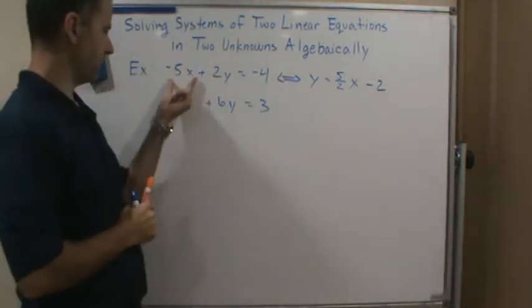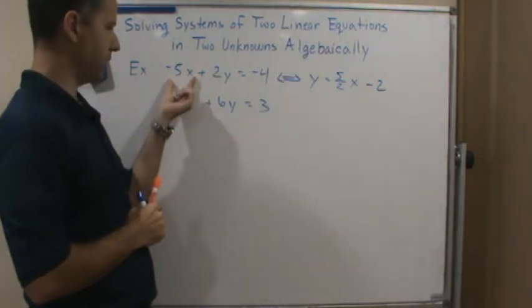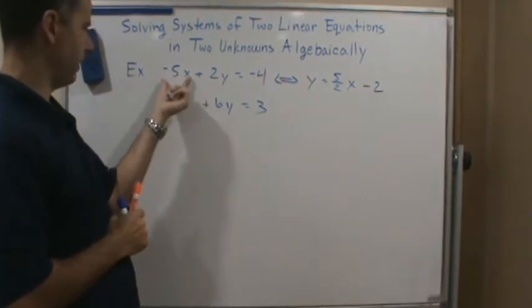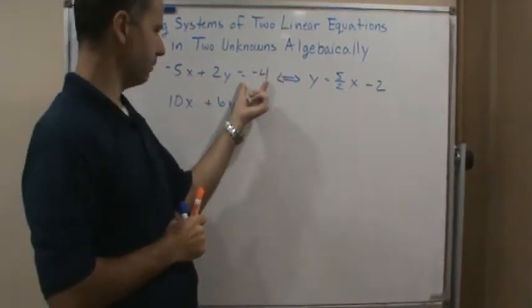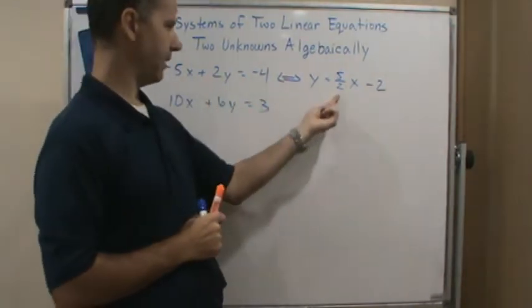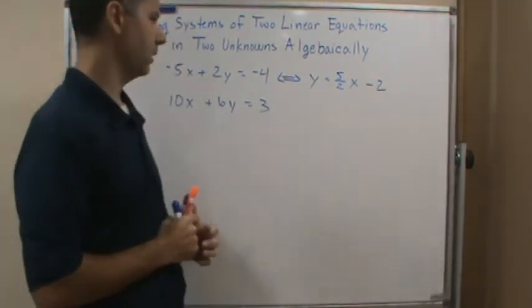Right? So remember, I add 5x to both sides and then divide by 2. So I'm going to add 5x to both sides. It's going to give me 5x minus 4. And then if I divide by 2, I get 5/2 x minus 2.